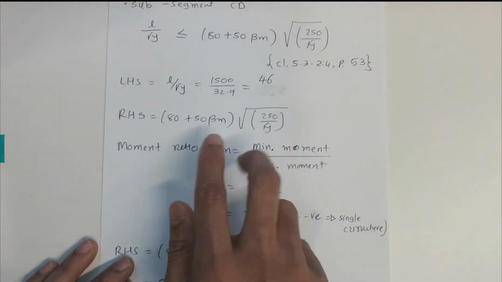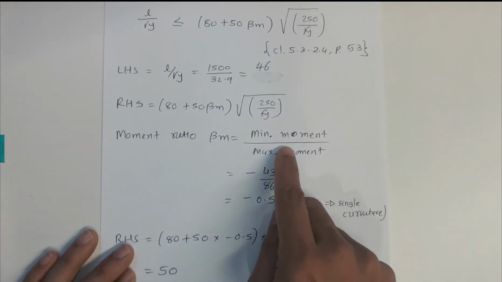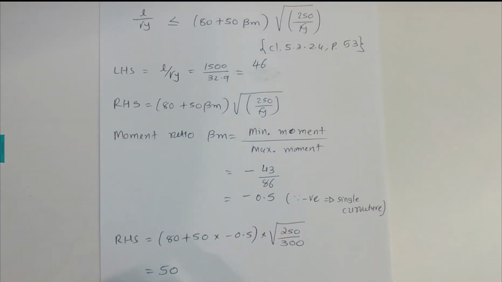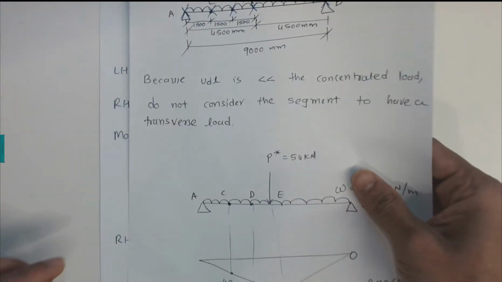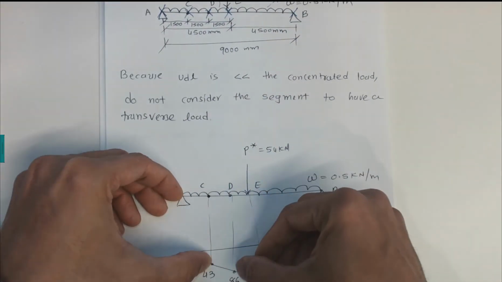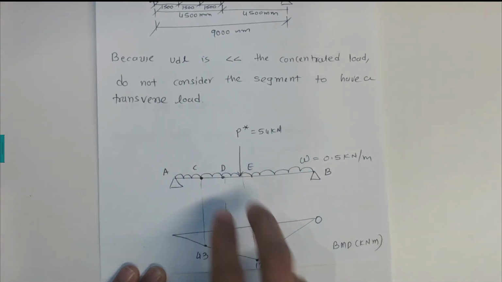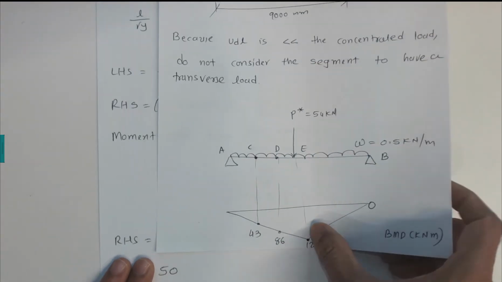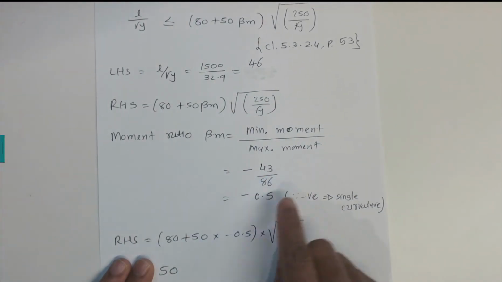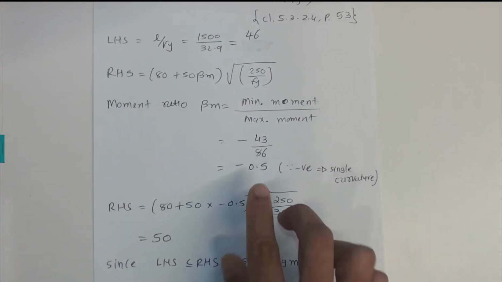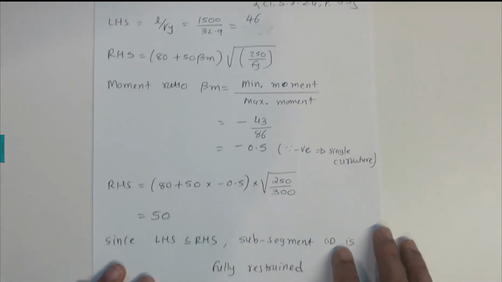Now the only difference here is beta m, which is minimum moment to maximum moment for segment CD. So for segment CD we have 43 divided by 86, and that is single curvature, so that is negative, so that is minus 0.5. Substituting minus 0.5 and 300 gives us 50.